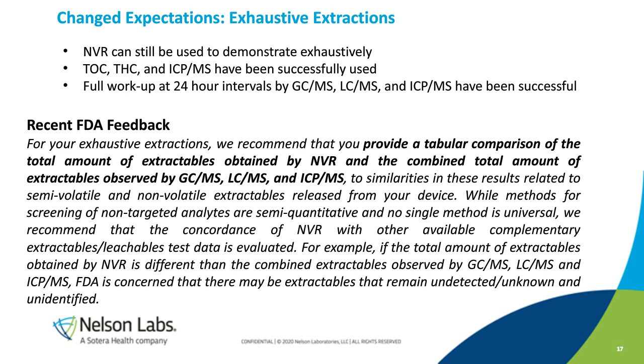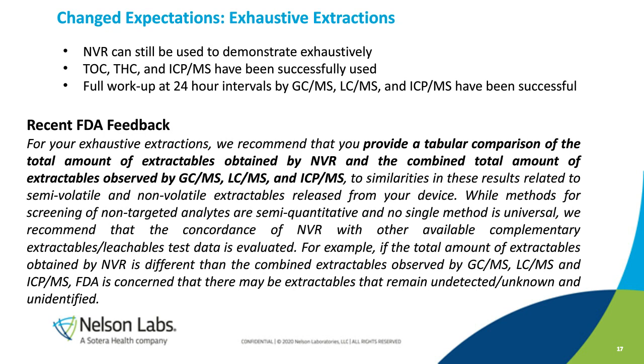We've also seen folks doing a full extractables workup at 24-hour intervals, where they analyze each 24-hour extract by the whole suite of analytical methods, and they keep doing that iteratively until the amount detected of each of these compounds is less than 10% of either the initial or the maximum.